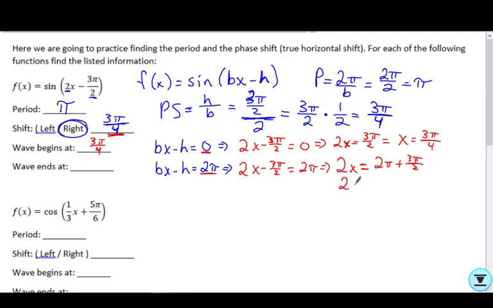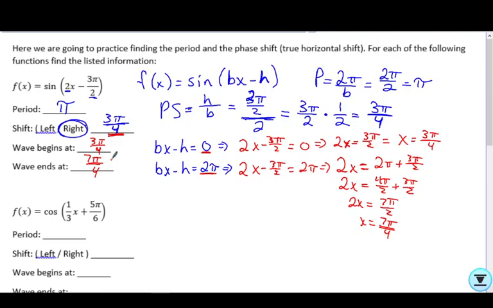Getting common denominators, you get 4 pi over 2 plus 3 pi over 2. So 2x equals 7 pi over 2, divided by 2, and you get 7 pi over 4. So that's where it ends, at 7 pi over 4. So that's a way of finding where it begins and where it ends as well. Okay?